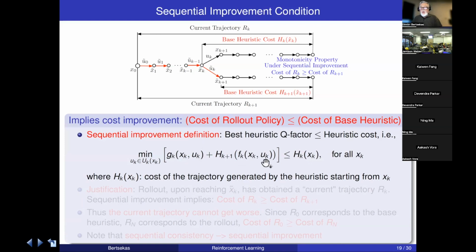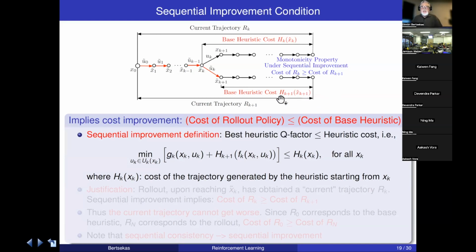And now you calculate the Q factors corresponding to various controls by adding the current cost plus the cost of the heuristic from the next state. This is the Q factor Qk. What this says is that there is a Q factor that's no worse than the cost of the heuristic from xk. You can check this in various situations, and it guarantees, I claim, that there's cost improvement in this sense.